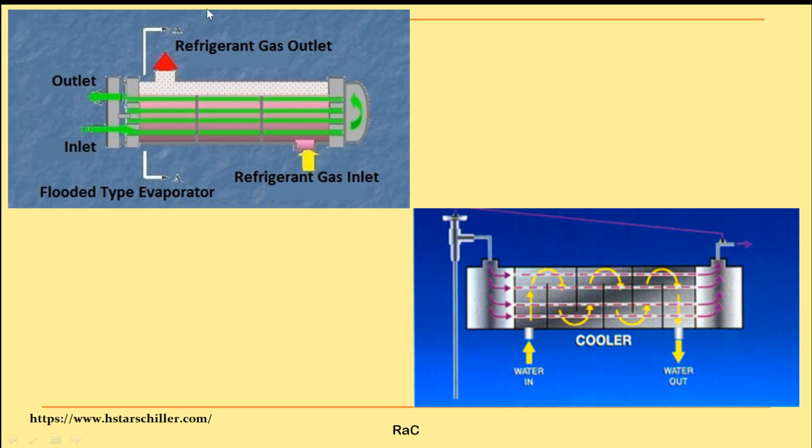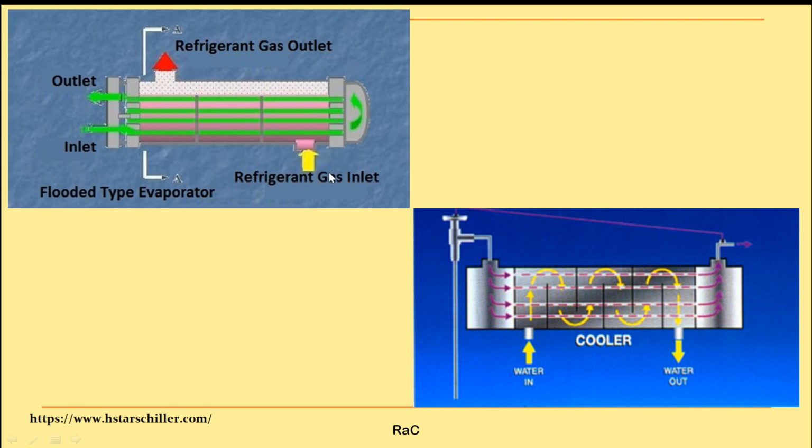So these are the diagrams. So you can see a flooded type evaporator. The refrigerant fluid is flowing outside the tubes from the bottom to top and the other fluid is flowing in the tubes. You can see here the refrigerant.